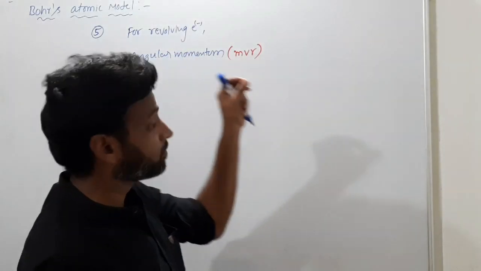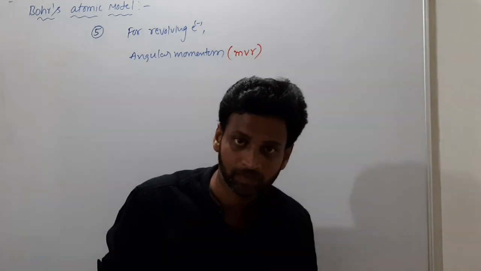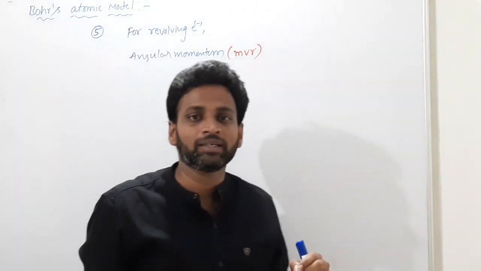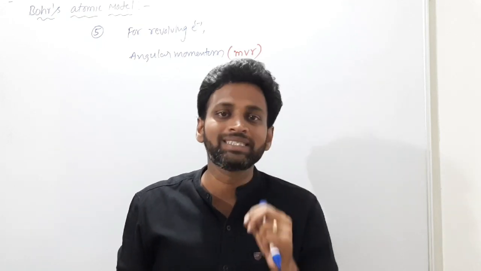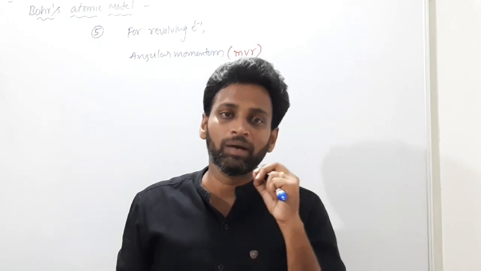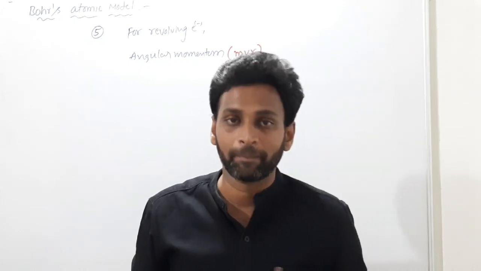So angular momentum for a revolving electron was given by Bohr. What did he say? He said angular momentum of an electron is equal to an integral multiple of h by 2 pi.